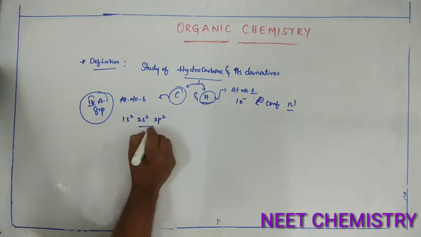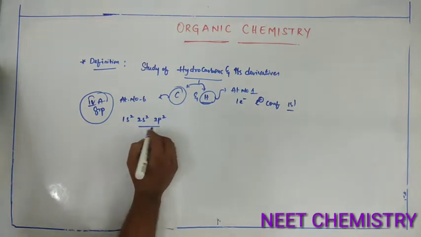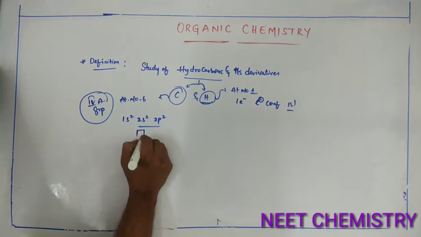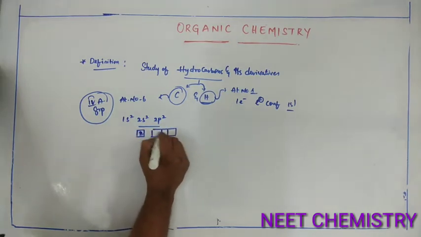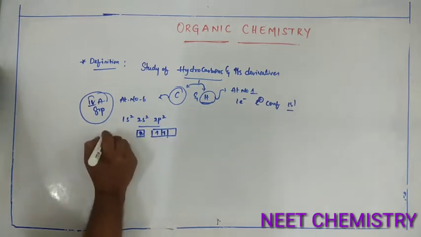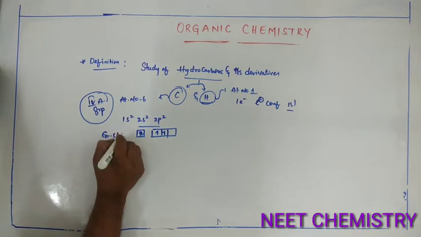The outermost shell has 4 electrons, 2s2 and 2p2. This is the electronic configuration of carbon in the ground state.